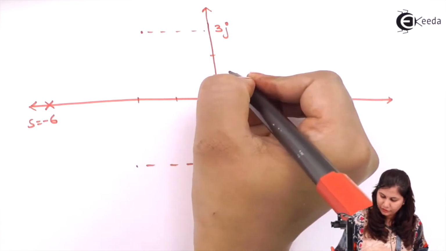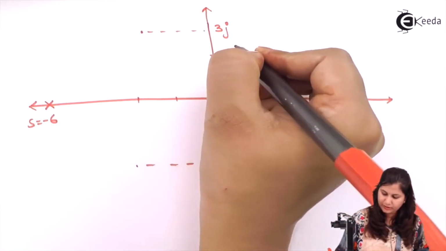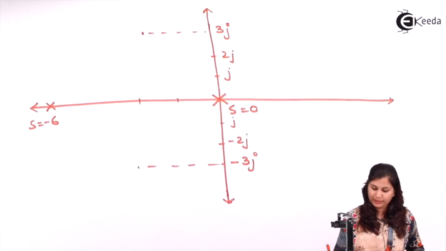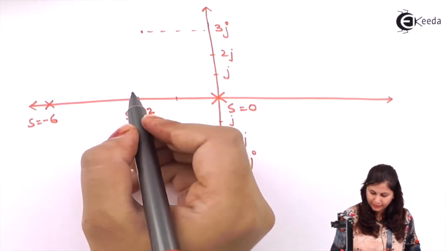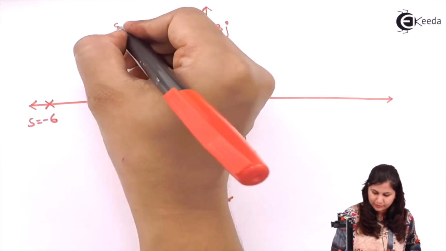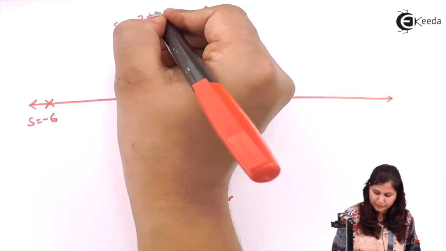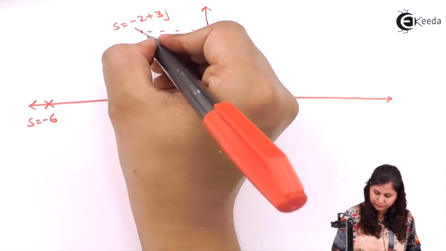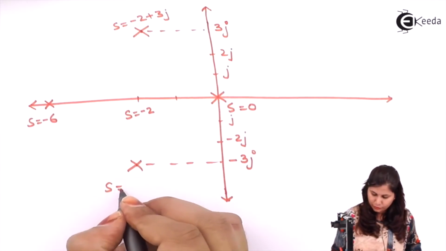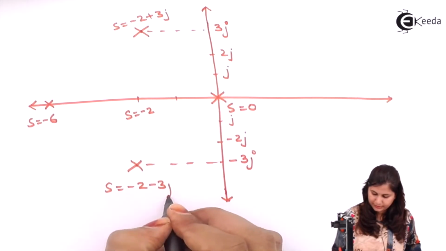Similarly here, j, 2j, then 3j. So this is s equals to minus 2. And here we are having the pole minus 2 plus 3j, and here we are having a pole s equals to minus 2 minus 3j.